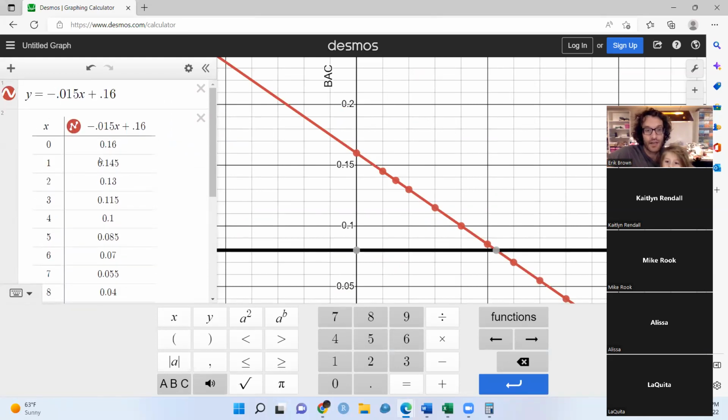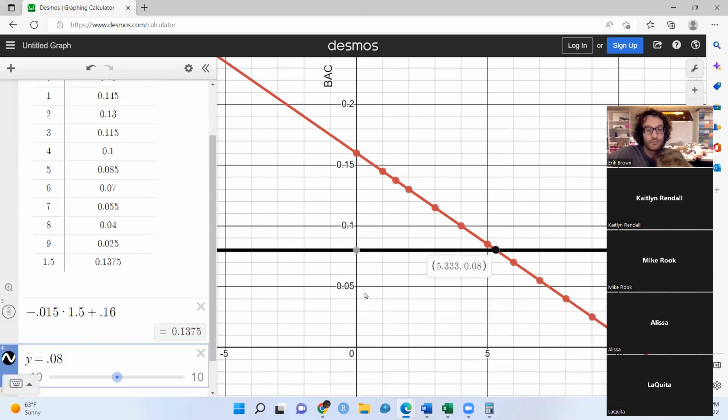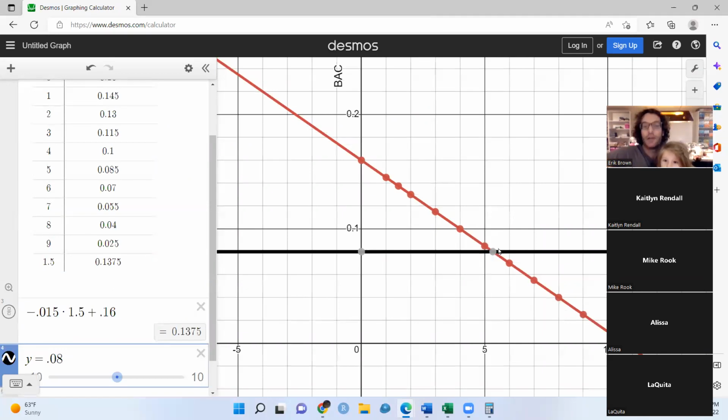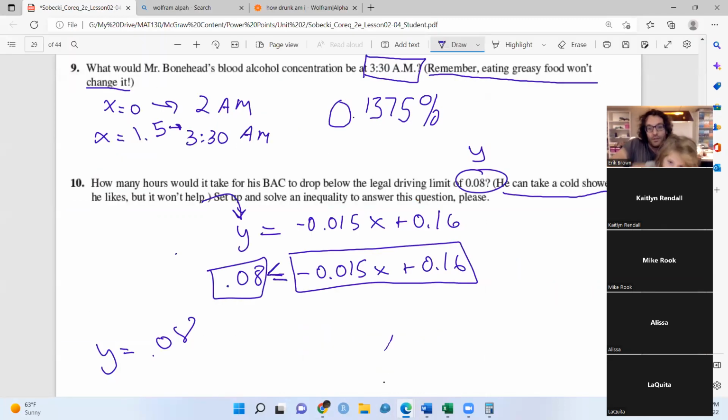Now, I'm not interested in the table because it doesn't work, but where this line is, that's going to be the solution. 5.33 hours is the point where he's finally legally able to drive, although I would argue probably still shouldn't. Why risk it, right? So that solution, X has to be a number larger than or equal to 5.3 hours.